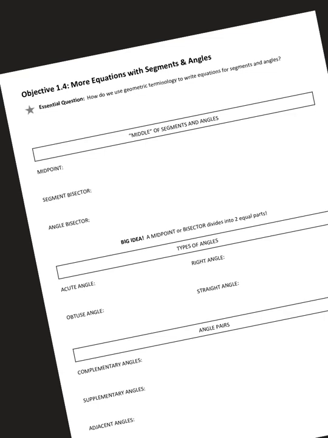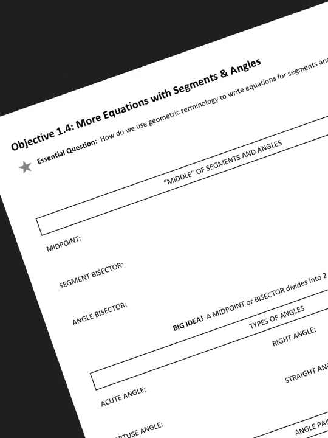So today's essential question: how do we use geometric terminology to write equations for segments and angles? We need to know what the definitions are.